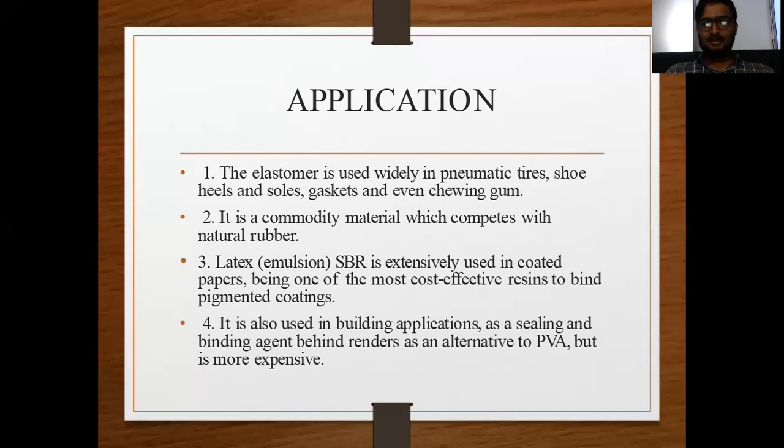Latex SBR is extensively used in paper coating, being one of the most cost-effective ways to bind pigments. It is also used in building applications as a sealing and binding agent, as an alternative to PVA, but is more expensive.